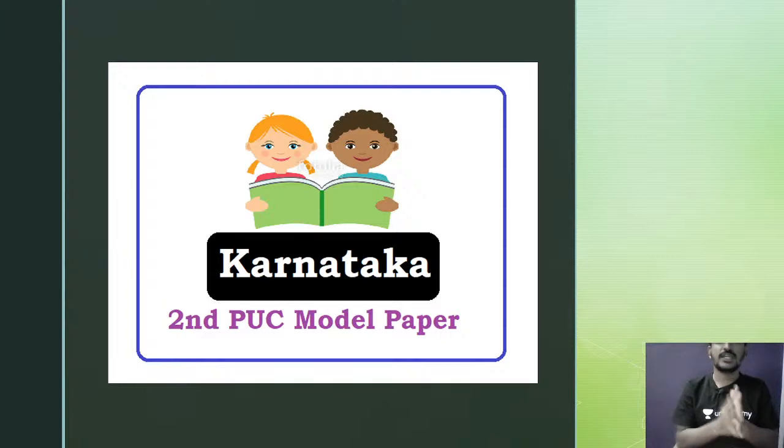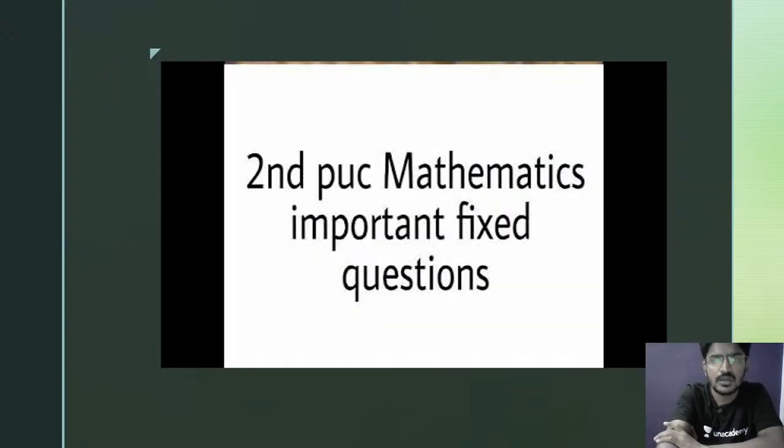Okay, so let us begin this session. In this session, I am going to talk about how to score 100 marks in your second year board exams. Clear? For that, second PUC maths important fixed questions are going to play a very important role.